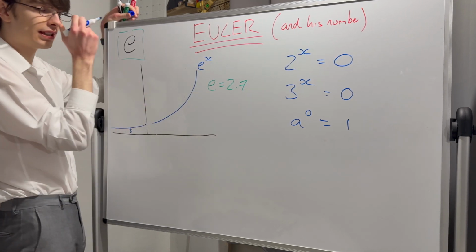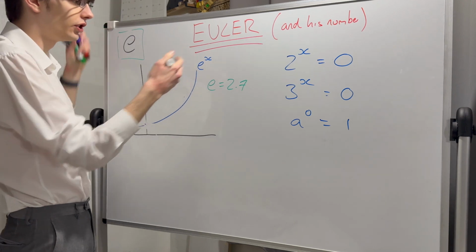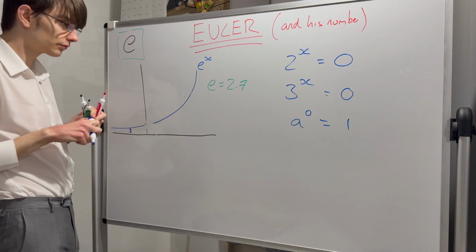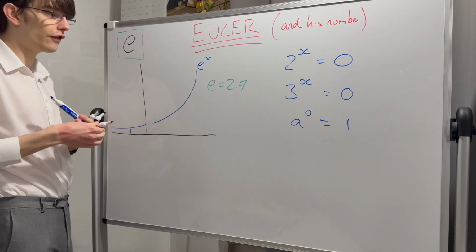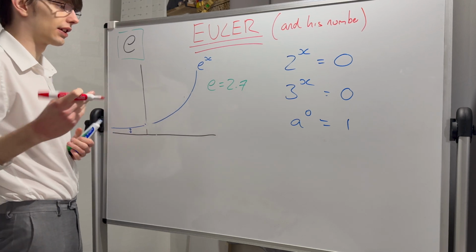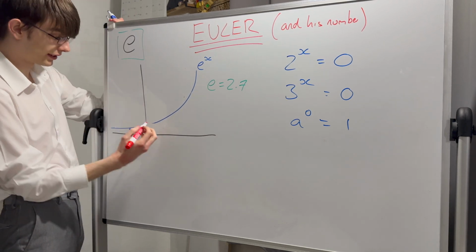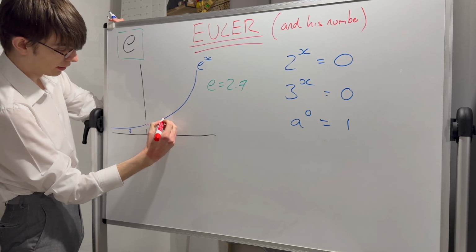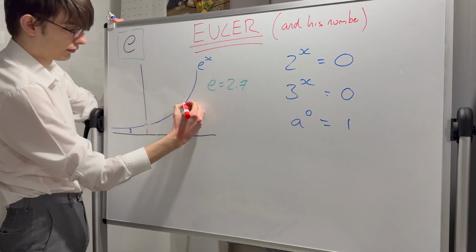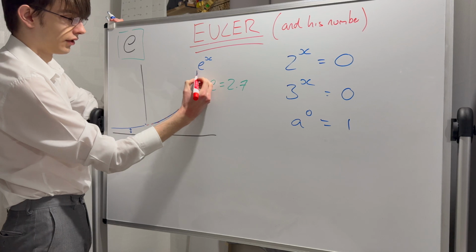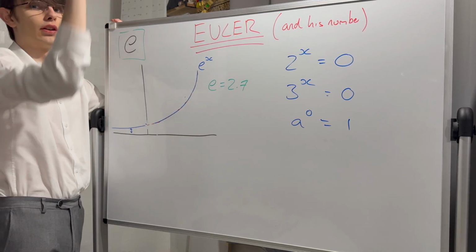I'm not going to put 2.7 because that's not precise enough. I want to use e. And then if I were to go through the long and arduous calculations to find the gradient of this, I would notice that it is exactly the same, and it will lie directly on top of it.